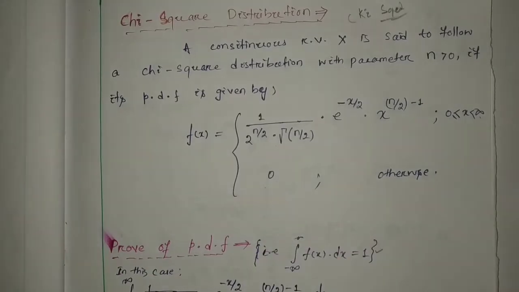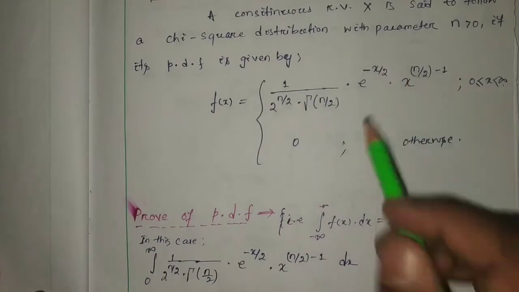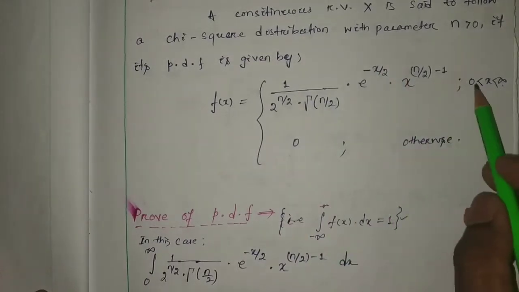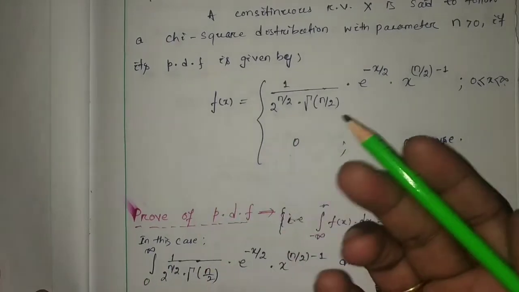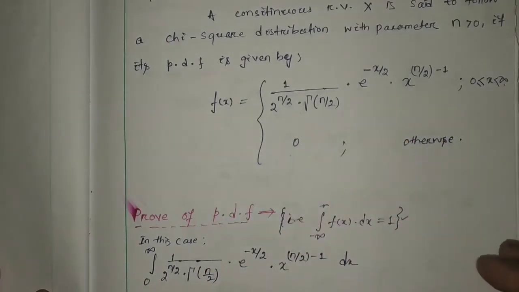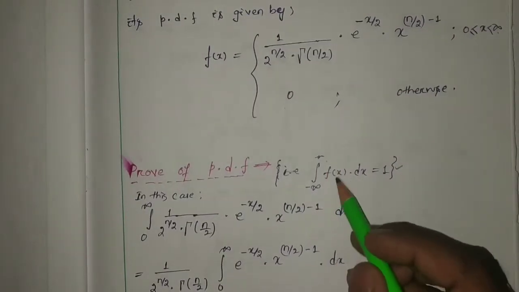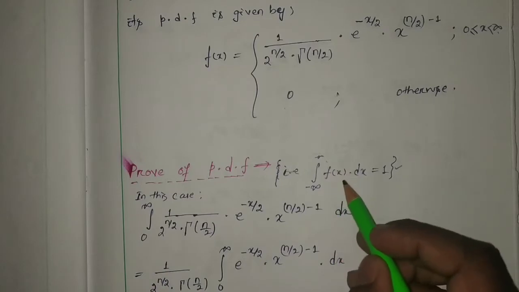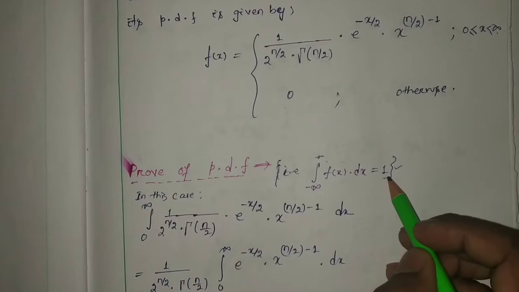Now we have to prove the PDF. If I integrate this PDF in the limit 0 to infinity, it will give the value 100%, or 1. In general, the integral from minus infinity to infinity of any PDF f(x) dx has to give the value 1.